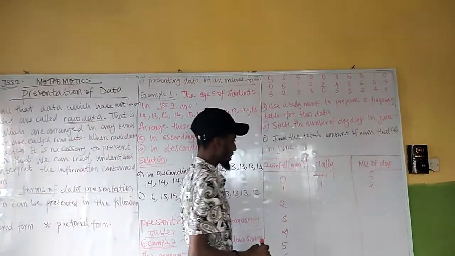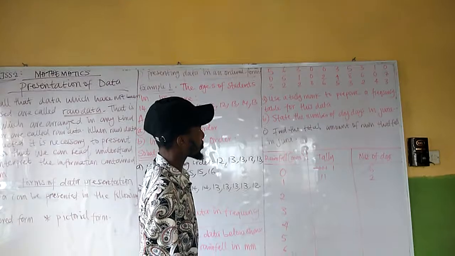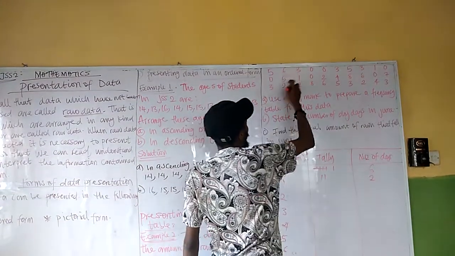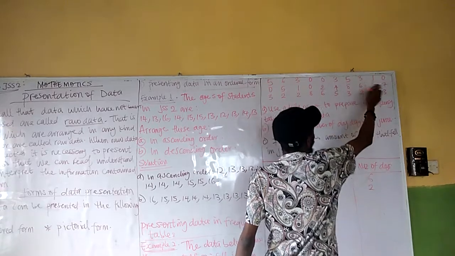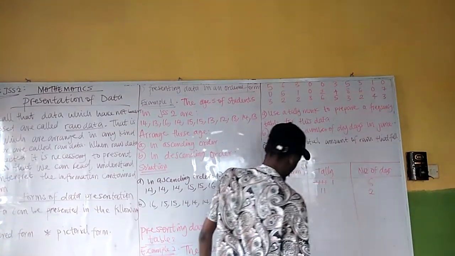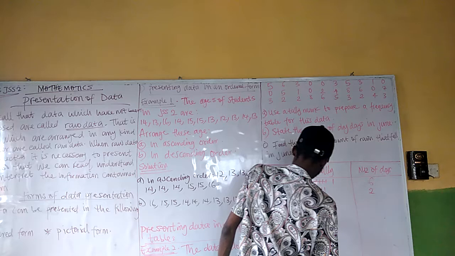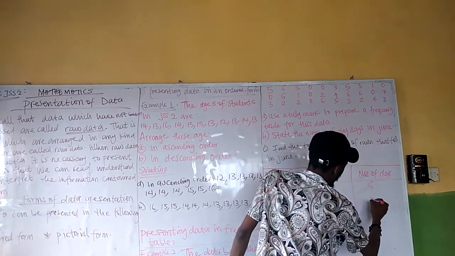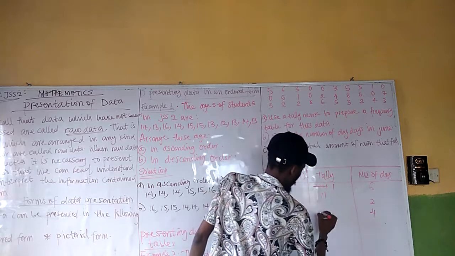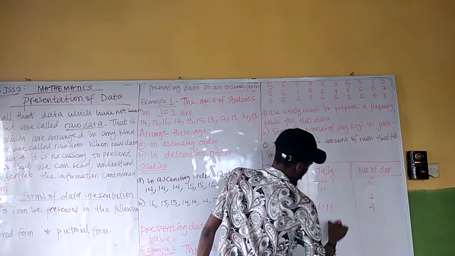Then how many 2 do you have? What is the frequency of 2? You count 1, 2, 3, 4. So the frequency of 2 there is 4. So tally 1, 2, 3, 4.